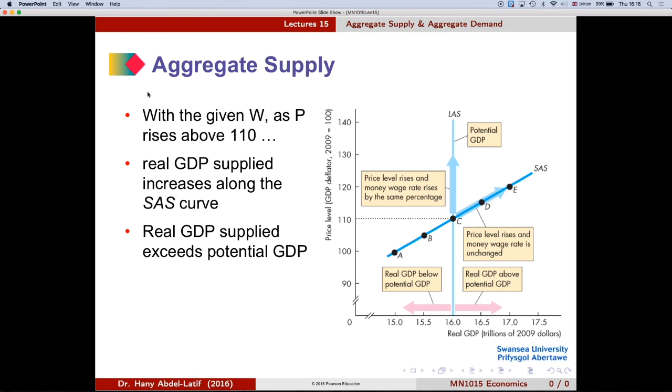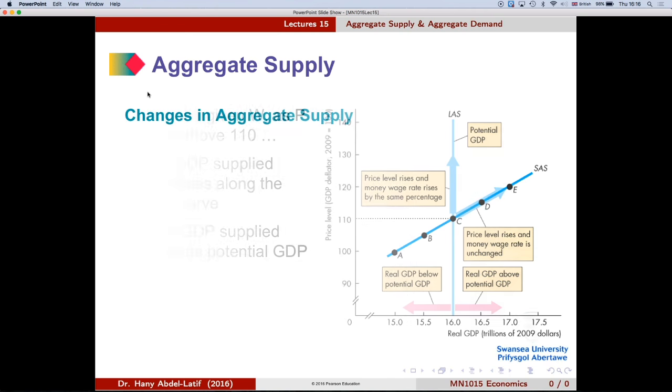Of course, if at any point the price level is above 110, that means we'll be moving in this direction, D or E, and in that case, the real GDP will be above the potential GDP.